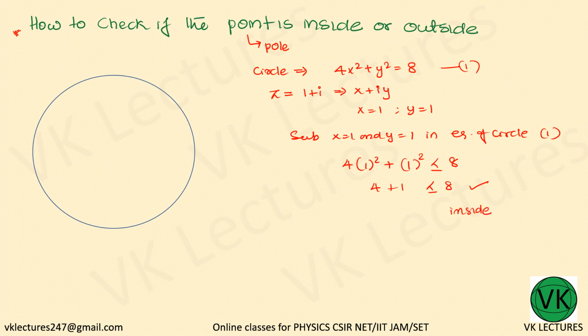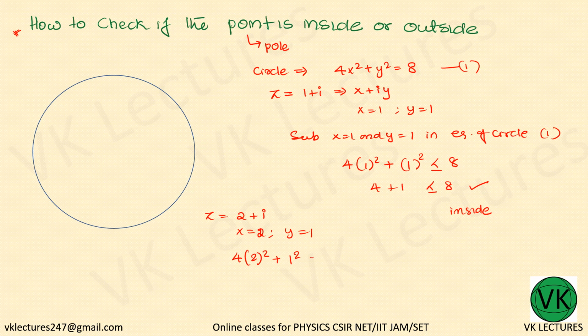Now suppose you get another question that is z equal to 2 plus I. So z equal to 2 plus I means x equal to 2 and y equal to 1. So look at this, put it 4 times 2 square plus 1 square.